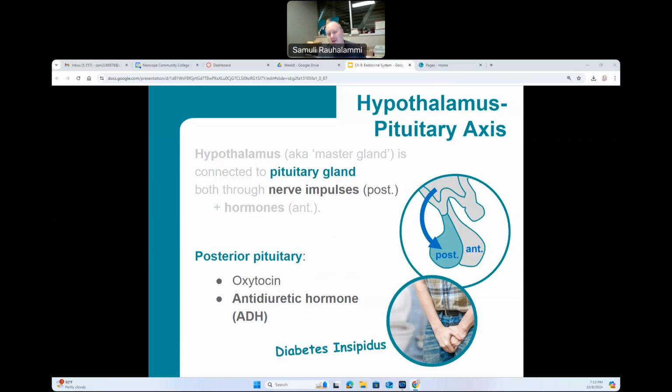In adults, this could be seen as passing large amounts of very pale urine, whereas in babies, we see this more as heavy, wet diapers, sometimes bedwetting, trouble with sleeping, and so on. The treatment for diabetes insipidus is really to replace the ADH hormone or address the cause of why it's not being released sufficiently.